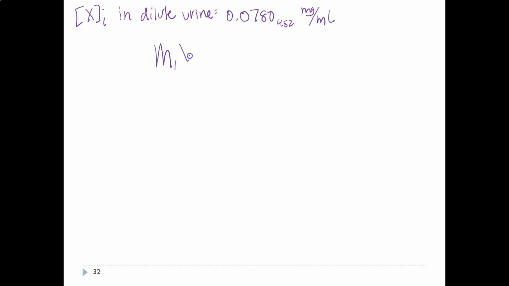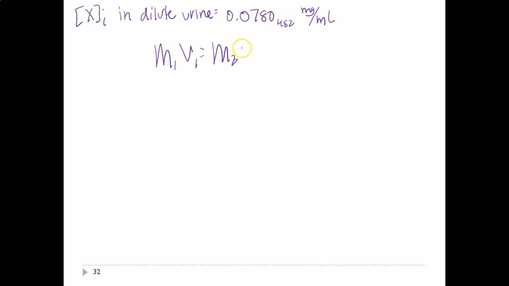So we're not quite done yet. Xi, I'm going to write in dilute urine, is equal to what we had on the last slide, 0.0780452 milligrams per milliliter. But what happened in real life was that came after a dilution.